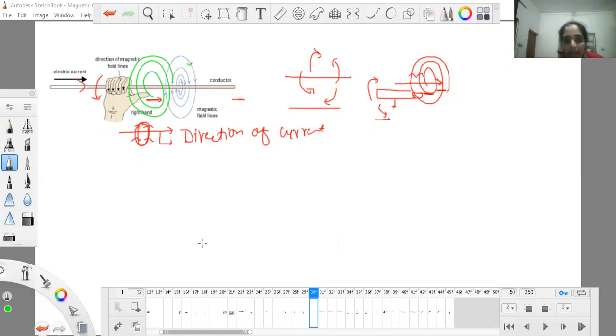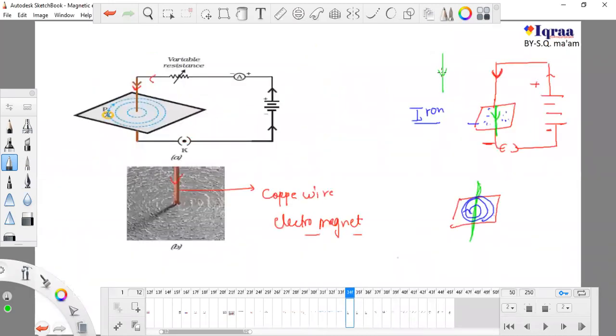But our basic need is to identify the direction of the magnetic field line. Definitely it will create a magnetic field line around this, but the main purpose is to find the direction.